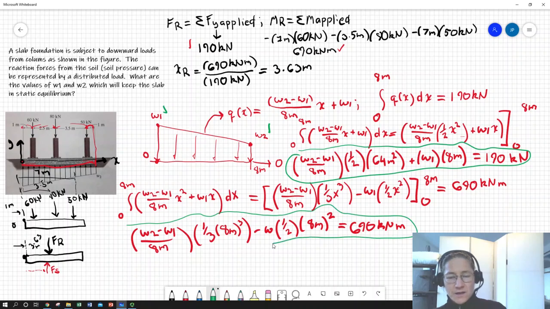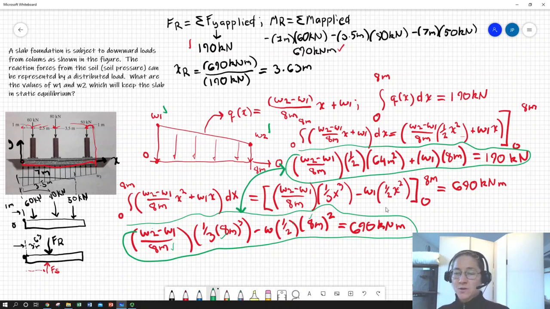And I know they look kind of gnarly, and I'm not going to actually crank through them now, but one of the nice things to recognize is that you have a constant term, this is a constant, that's a constant. So really, these are both linear equations in W1 and W2, which are the things you're solving for. So it's a little bit of algebra and simplification, but really not all that hard to solve.